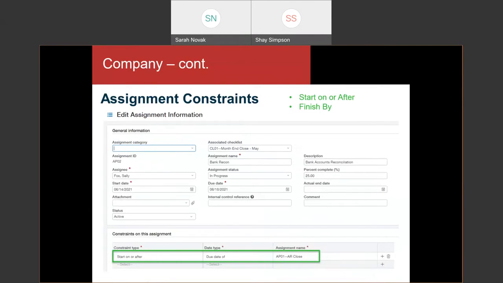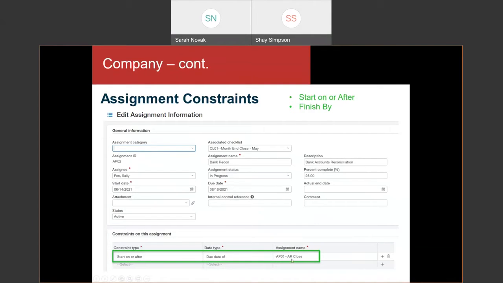So we also have assignment constraints. This is looking at a checklist assignment for a month-end close process. Now, we have this assignment ID. This is our assignment for AP2, and we're saying that we want it to start on or after the due date of our AP1 assignment.